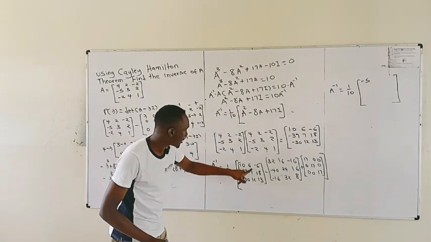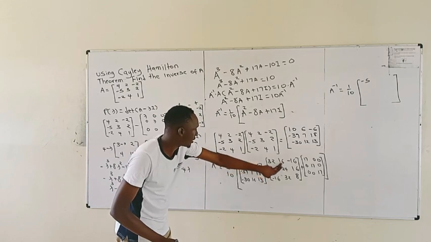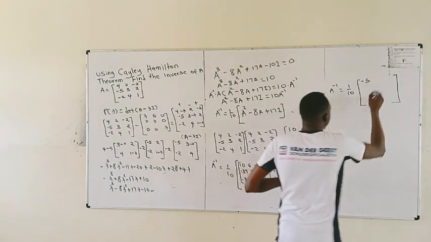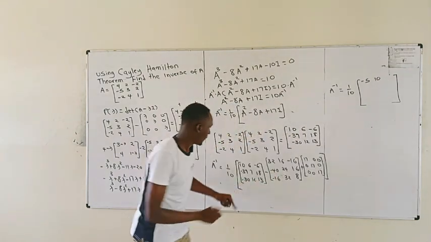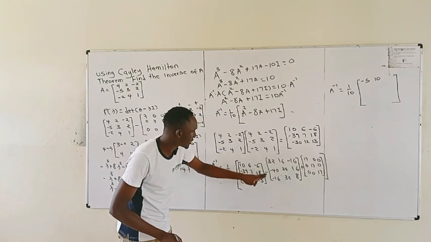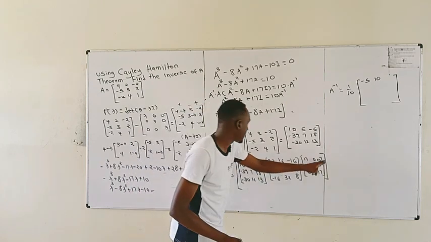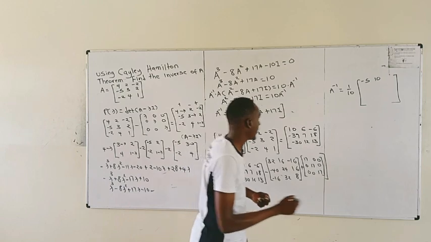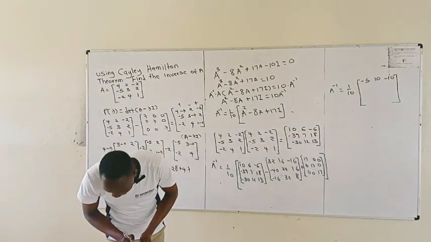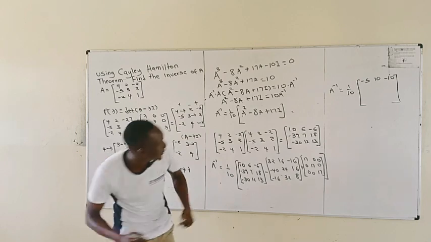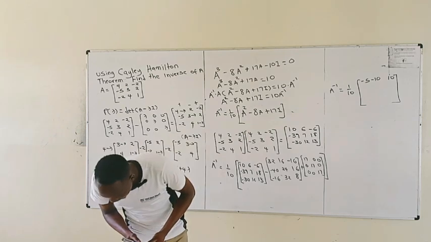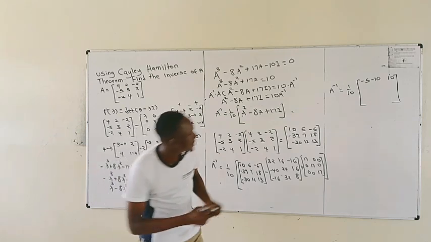We have minus 6 minus minus 16, which is minus 6 plus 16 plus 0. It will be 10. When we solve all those, we'll have minus 5, minus 10, 10. And we'll have 1, 0, 2.